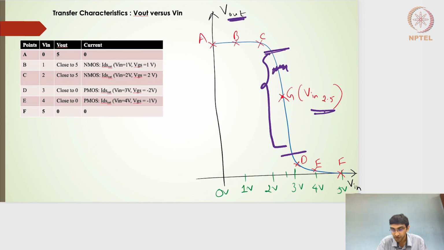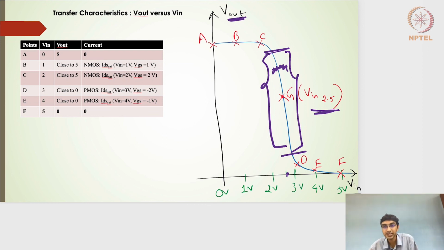So for an input of 2.5 volts, I will get a series of solution points around the G value. The G value turns out to be close to 2.5 volts. This transfer characteristic is one of the important characteristics for an inverter.